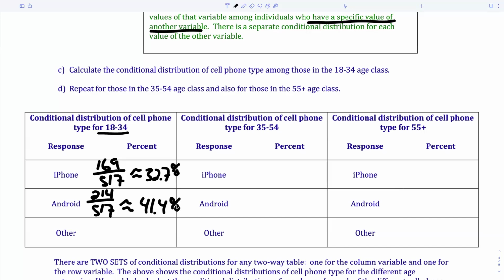And then the others were 134 out of 517, which is 25.9%. Okay, so now what I want you to do, go ahead and fill in these columns. Do the conditional distribution of cell phone type for the 35 to 54 and the 55 plus.